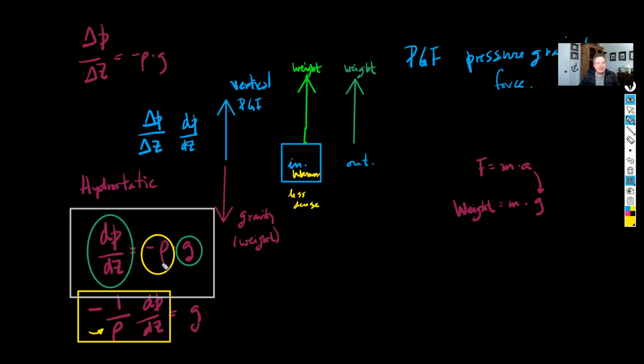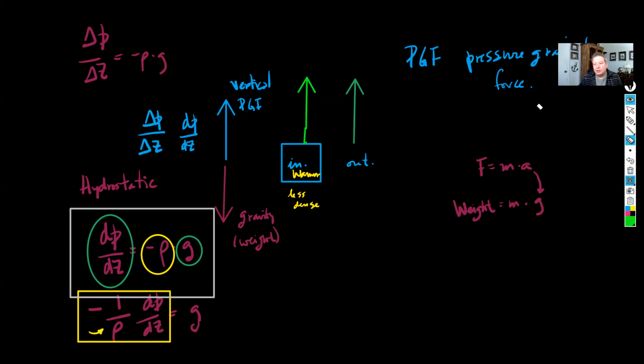If it's less dense, then the upward force over here, in the yellow box, becomes bigger. I don't want you to be confused: this is the weight not of the parcel, but of the air above you. Because there's a density term in it, and it's warmer, it becomes a bigger upward force.